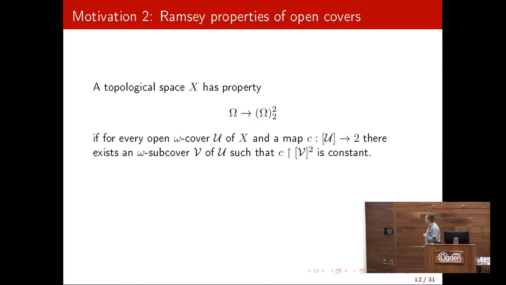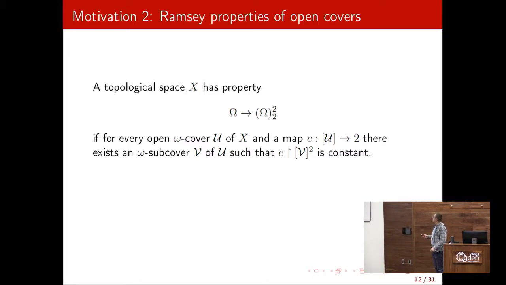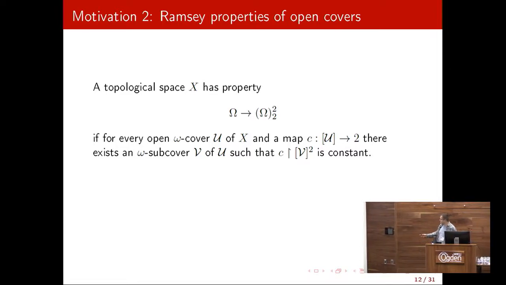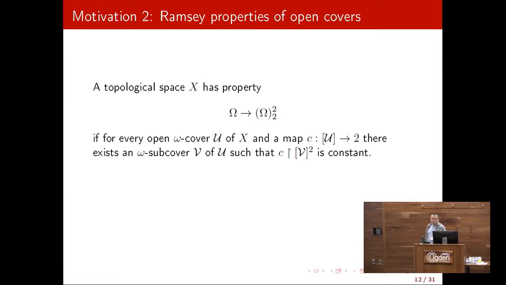Another motivation for Rothberger comes from a work of Scheepers. A topological space X has this arrow property if for any omega cover of it, if you color, I'm sorry, there should have been two here, if you color pairs of elements of this omega cover into two colors, then you've got an omega subcover V of it, such that the restriction of this coloring function to the pairs inside of V is constant.